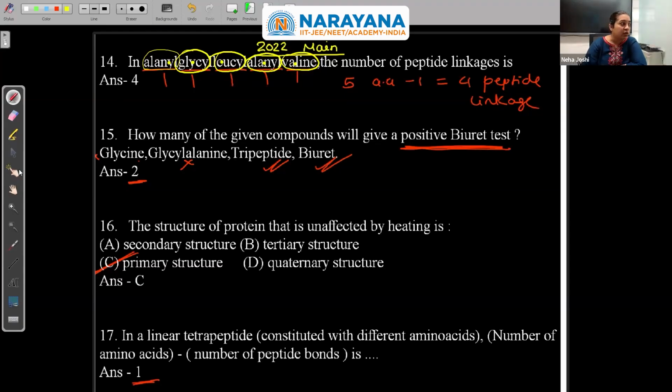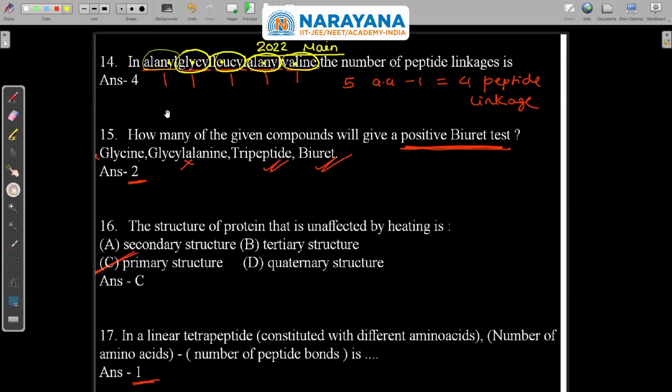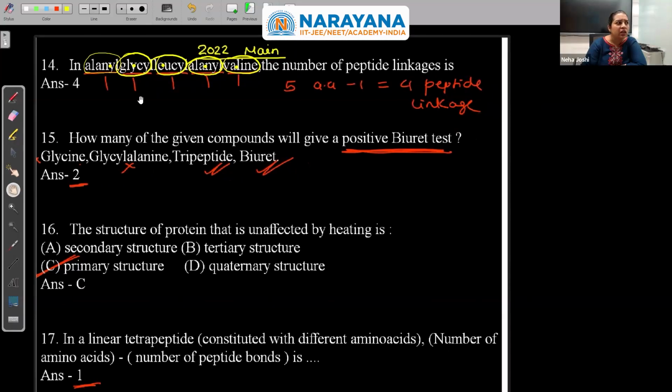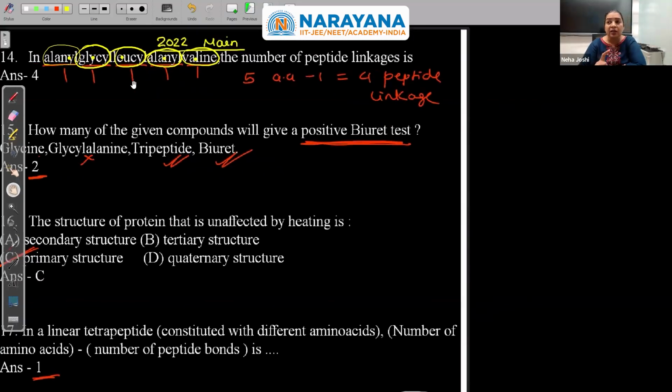Okay, 5. Ma'am, but isn't alanine repeated? Still, it does not matter that those amino acids have to be different to name it a pentapeptide or whatever the structure is. 5 amino acids, so pentapeptide. So it doesn't have any impact. Like say A is alanine, G is glycine.